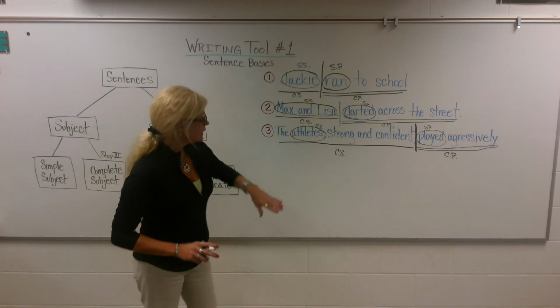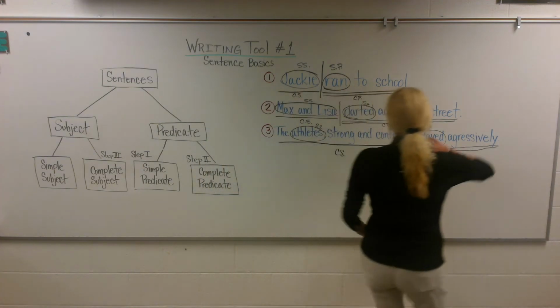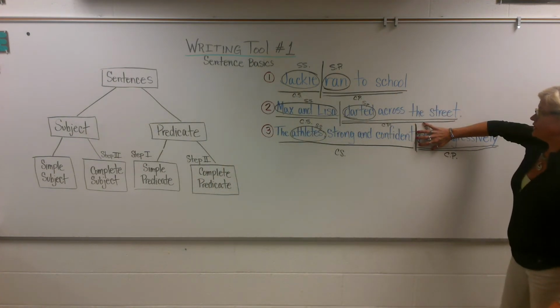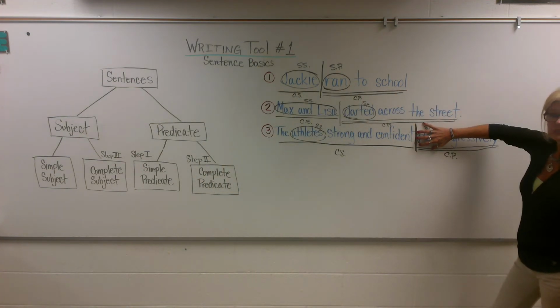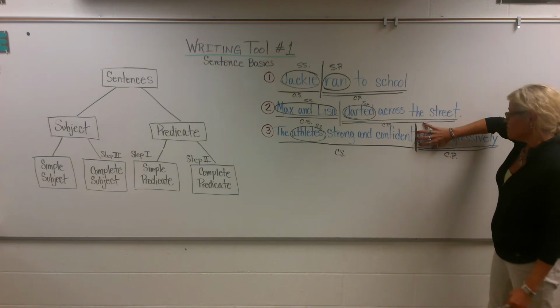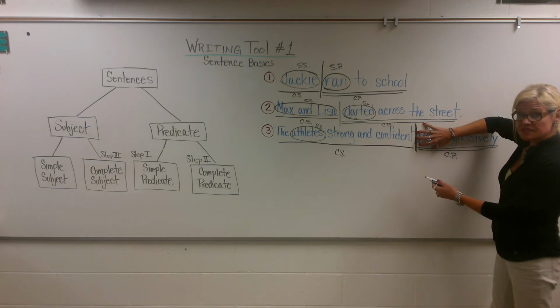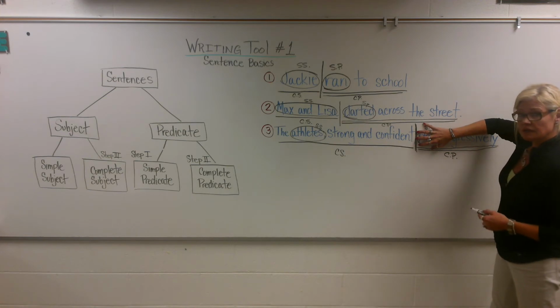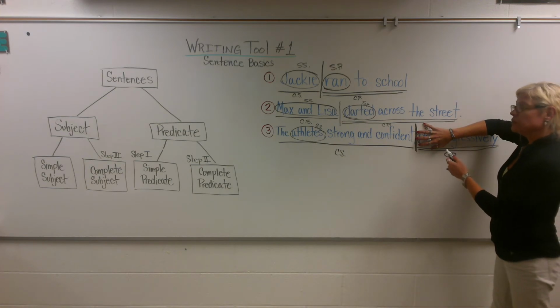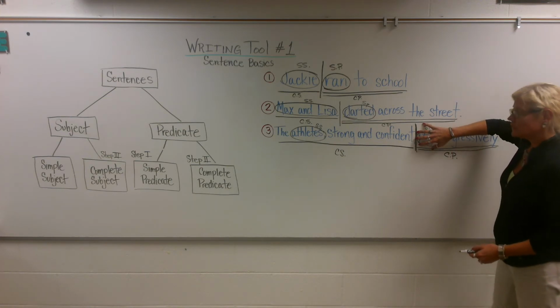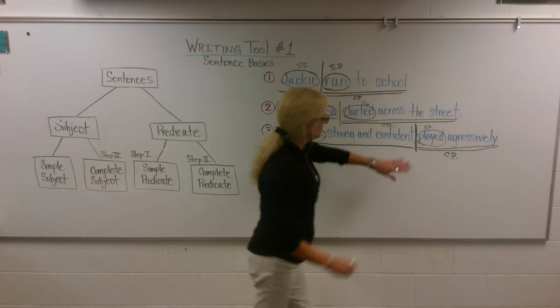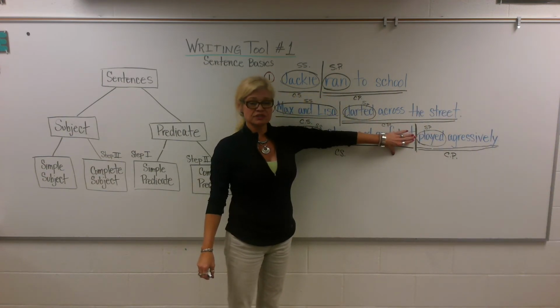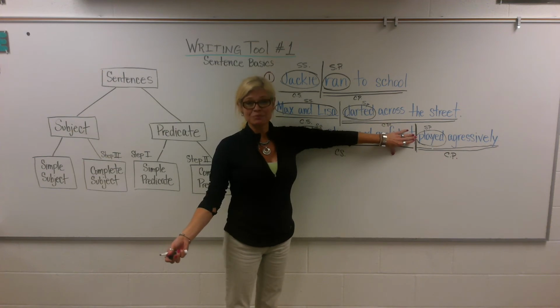Ultimately, what you need to recognize is, if this sentence were only the athletes, strong and confident, we would know that this is an incomplete sentence. Why? Because there's only a complete subject, the complete predicate is missing. And if we did this the other way and we covered this up, played aggressively, it perhaps might be a complete predicate, but the subject is missing.